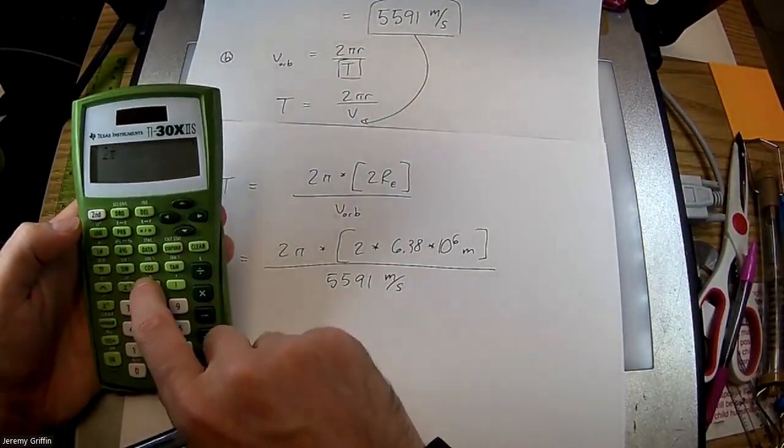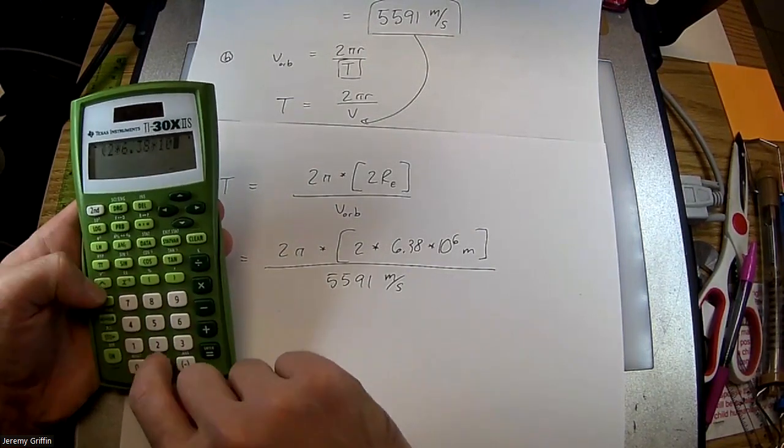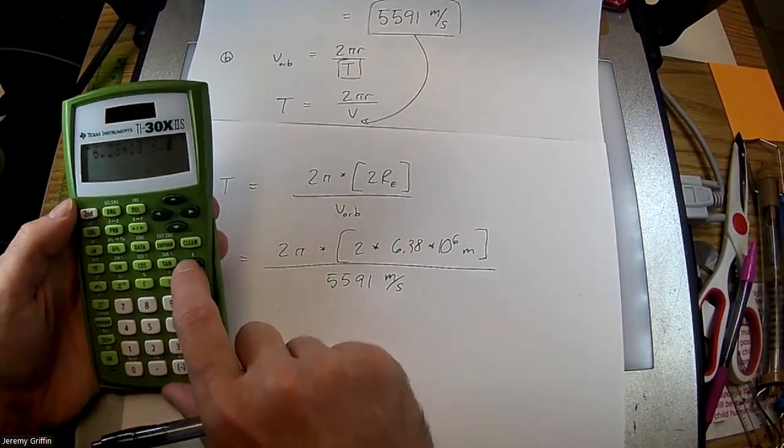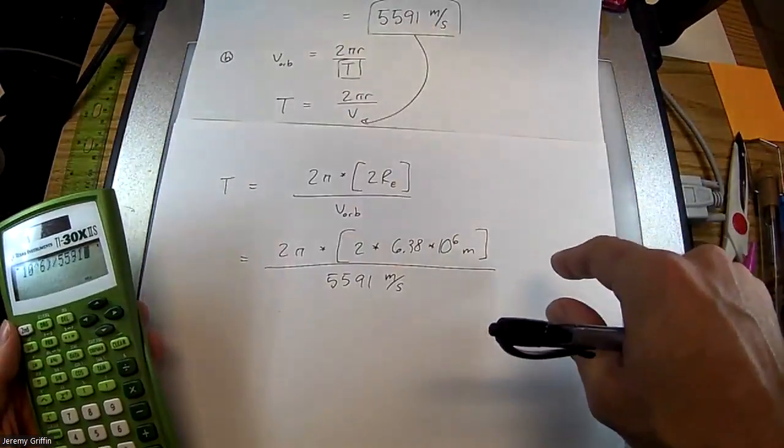Let's think ahead a little bit to what we're about to see. This number we're about to get, what units is it going to have? Seconds. Do you think it takes a lot of seconds to revolve all around the Earth?